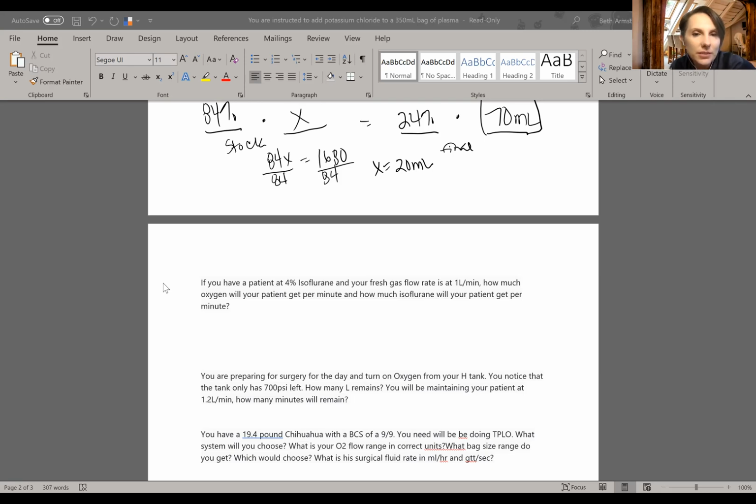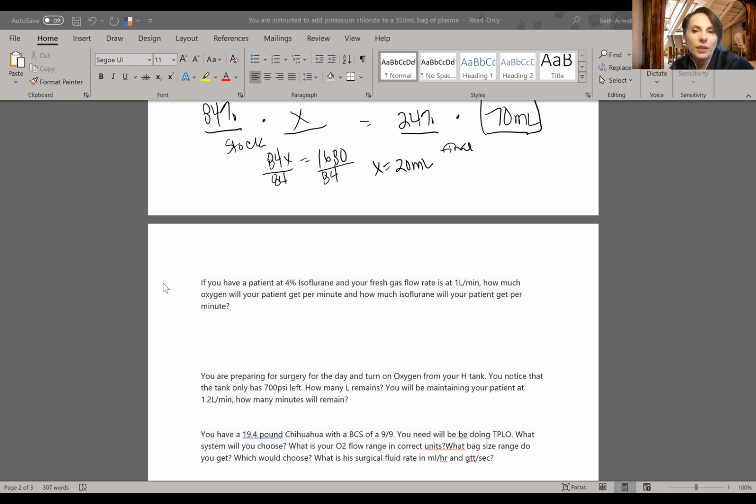How does it work? Oxygen has to be pushed, oxygen has to be used in order for the ISO to work. Yeah, absolutely.